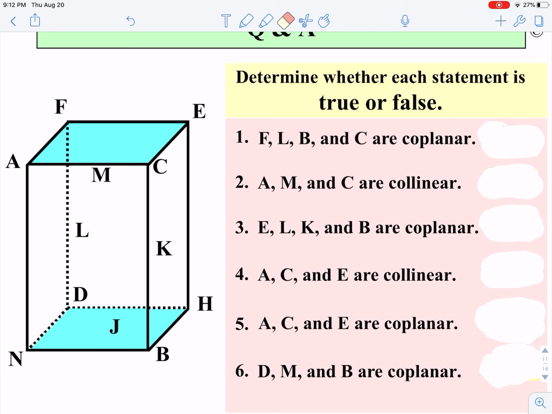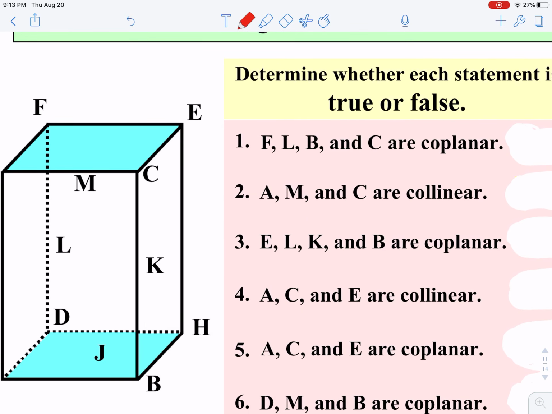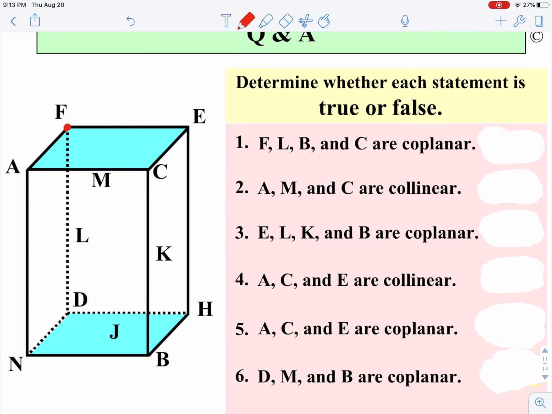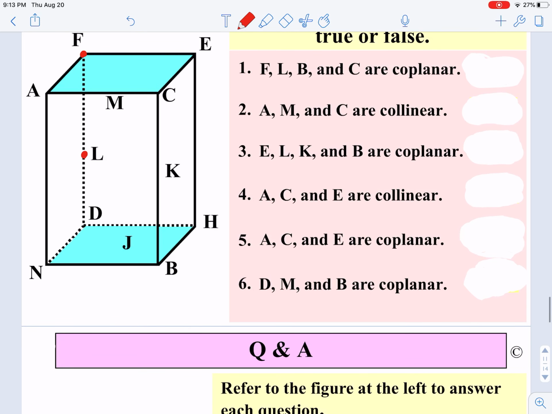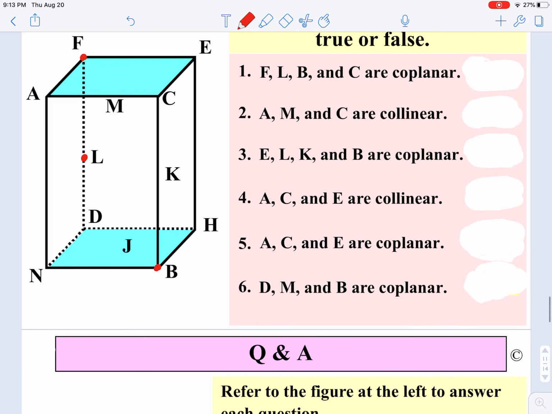Okay, so let me see. F, L, B, and C are coplanar. So let's look and find those 4 points. I've got F. L is here. I don't even know where P is. Oh, B, I'm sorry. B and C. Now, F, C, and B could technically be, they are coplanar. L is the oddball. He wouldn't be in it.